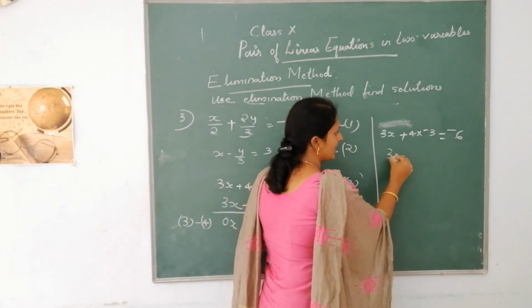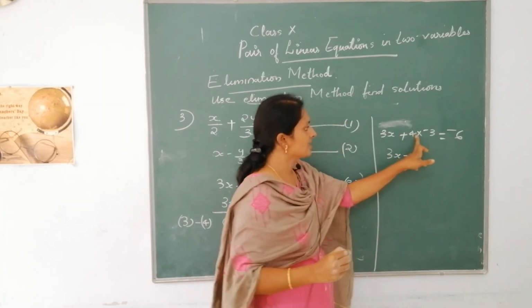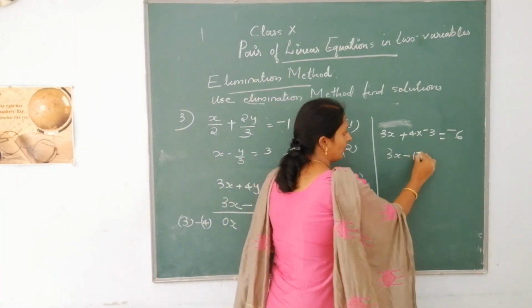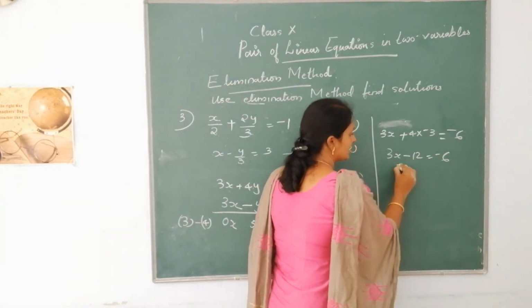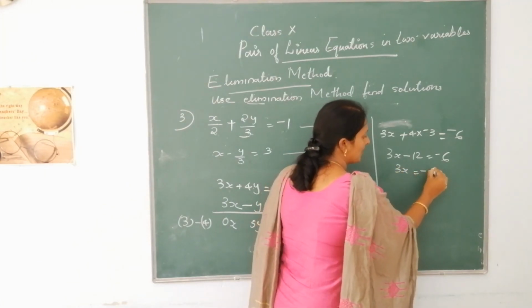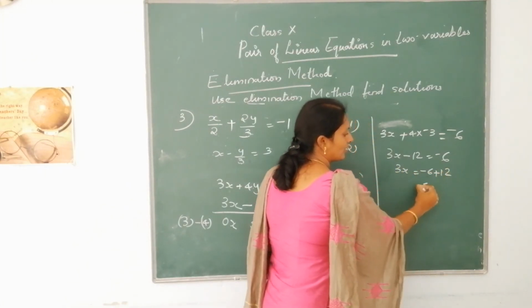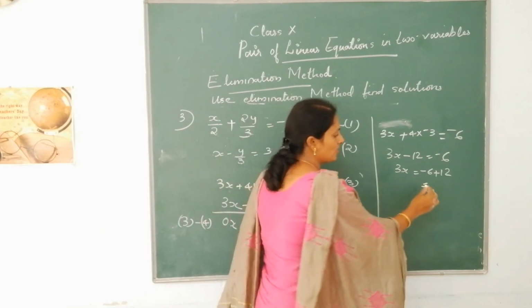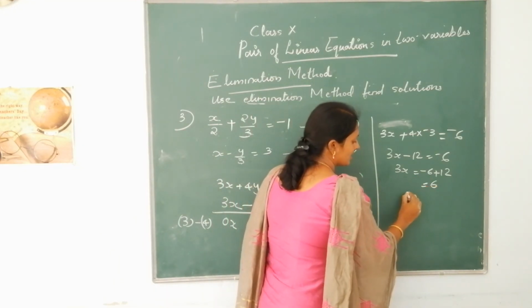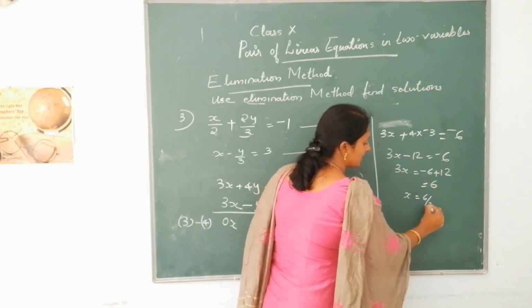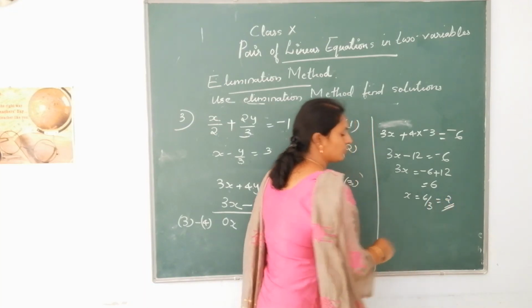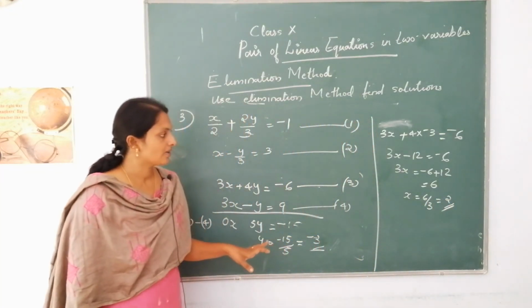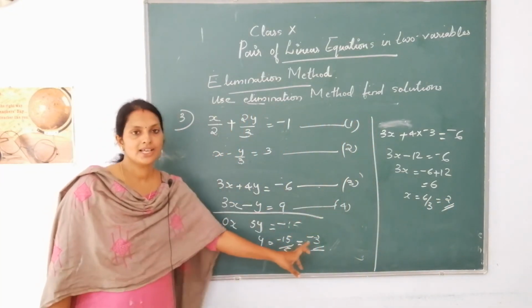That is 3x minus 12 is equal to minus 6. Therefore 3x is equal to minus 6 plus 12, that is positive 6. Therefore x is equal to 6 by 3, that is 2. Therefore, the solution is x as 2 and y as negative 3.